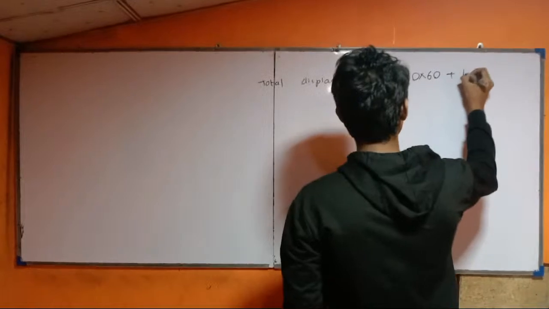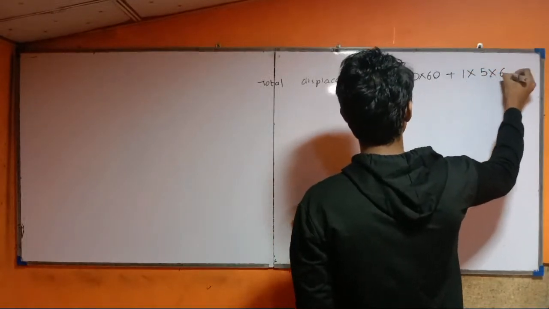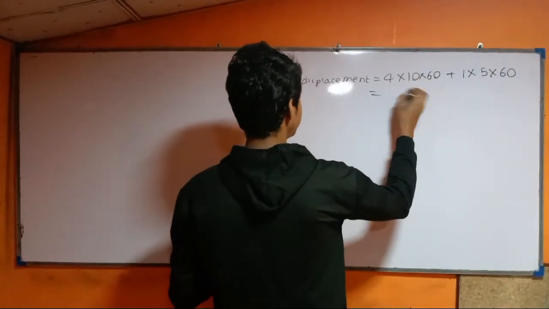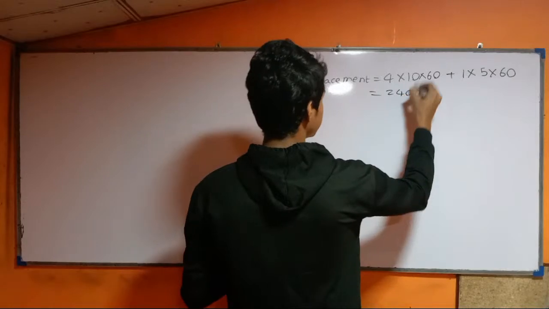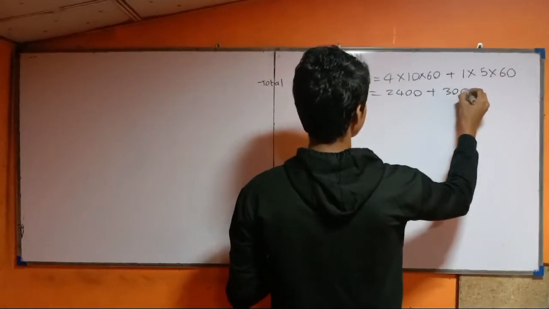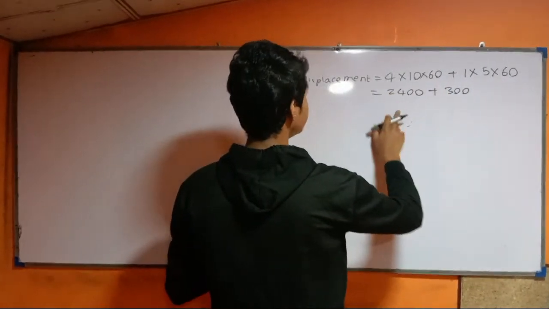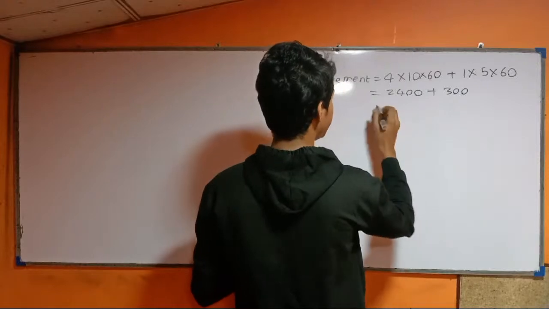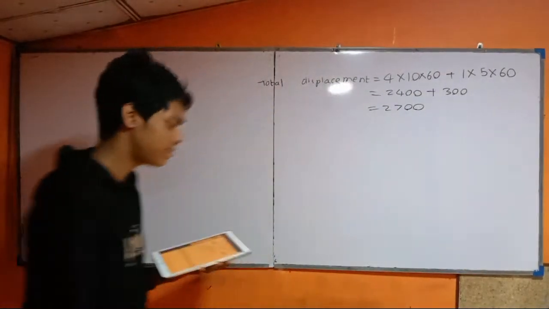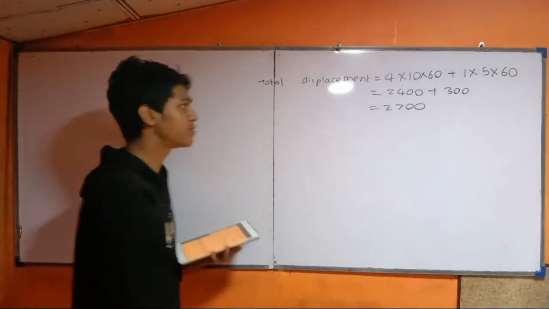So 1 meter per second for 5 into 60. 6 into 4 is 24, so 2400, and 5 into 6 is 30, so 300. So it's going to be 2700.